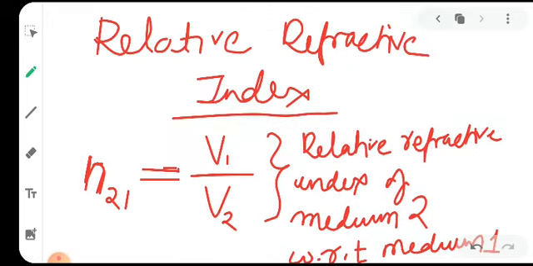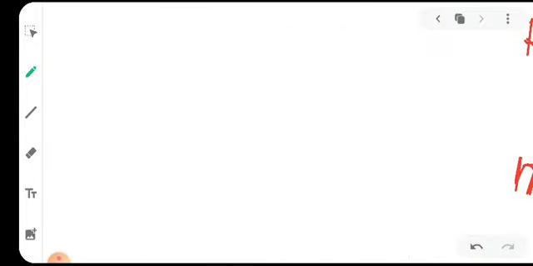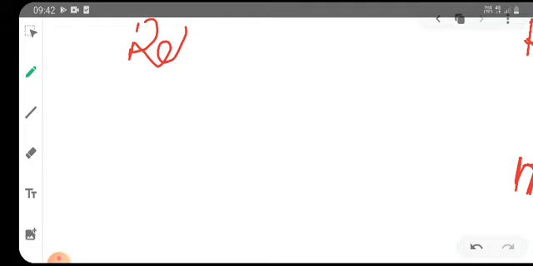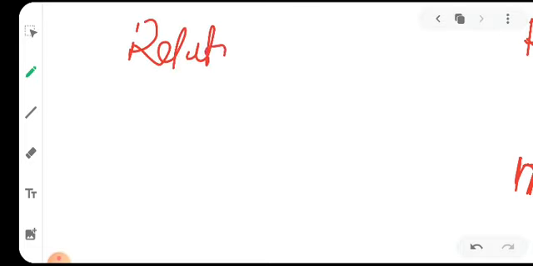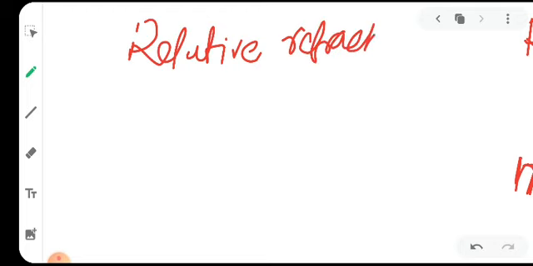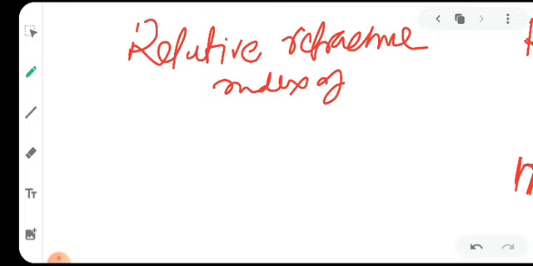So you might even think that you can define refractive index of medium 1 with respect to medium 2. What is the relative refractive index of medium 1 with respect to medium 2?